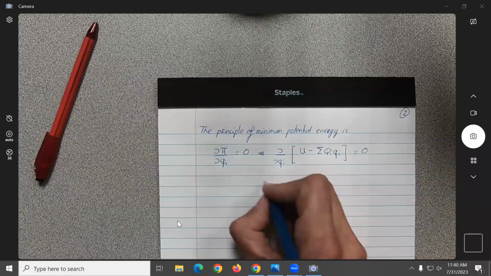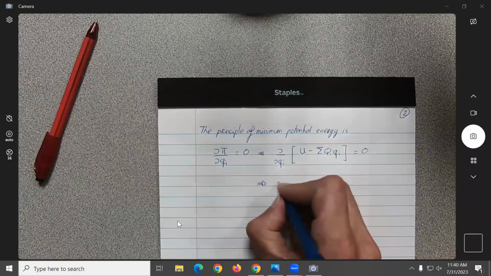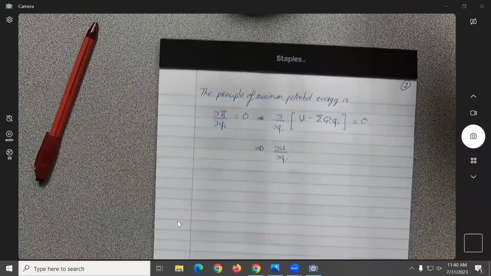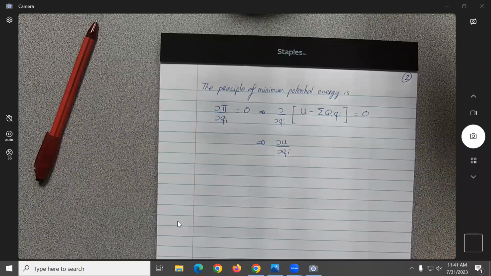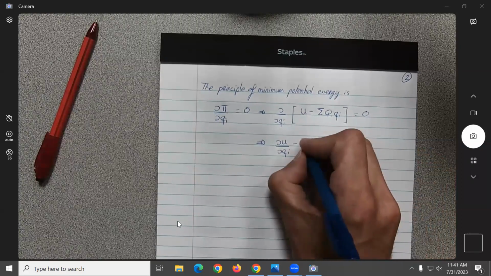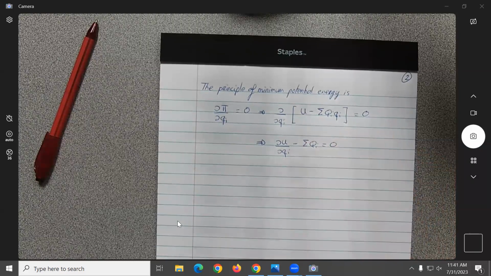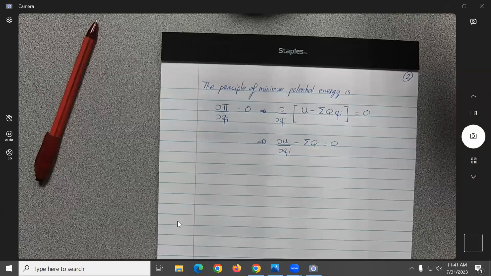All right, and this is going to give what? Partial U, partial q, lowercase u, minus the summation of all the forces equal to 0, no?